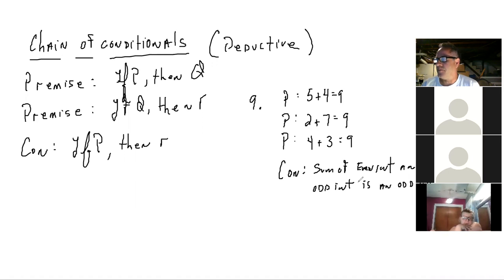Remember, to be valid, the conclusion must necessarily follow from the premises. And to be sound, it's got to be valid, and all your premises have to be true. So in this particular case, let's turn the page and set up the specifics of the problem.